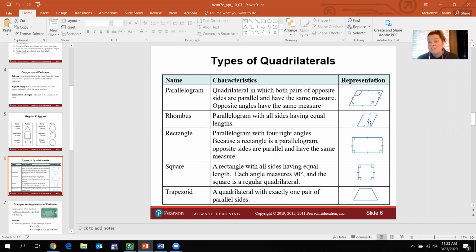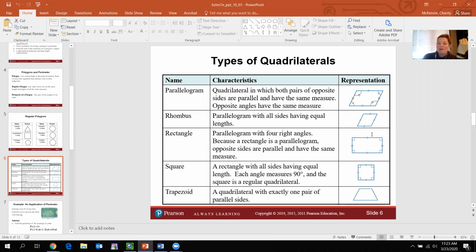Rhombus, you have equal sides. So a rhombus, it's like you could take a square, because a square has equal sides, but you might be able to squish that square so the angles don't have to stay 90 for a rhombus. Okay, it also looks kind of like a diamond. All right, so a rectangle, most of us know, but what are the rules for a rectangle?